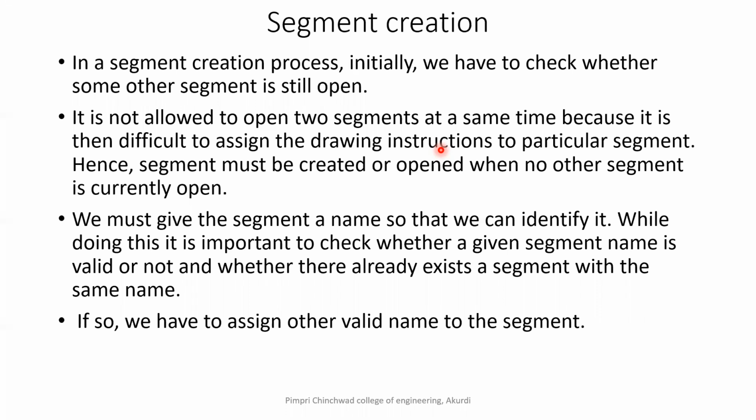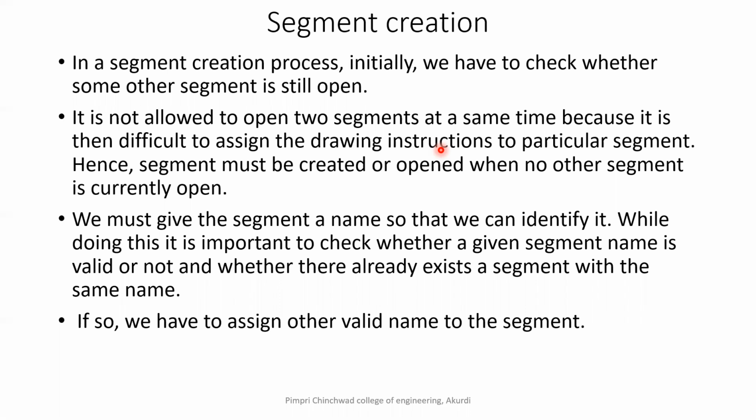So, it is not allowed to open 2 segments at the same time, as it will be difficult to assign the drawing instructions to a particular segment. So a segment must be created or opened when no other segment is already open. That is the first thing to be checked.